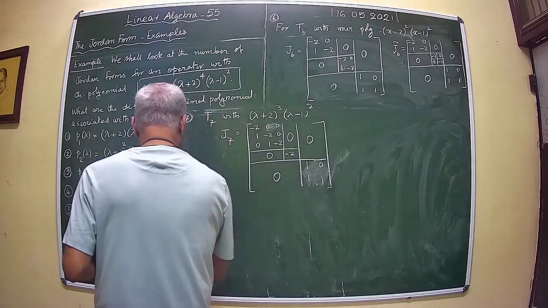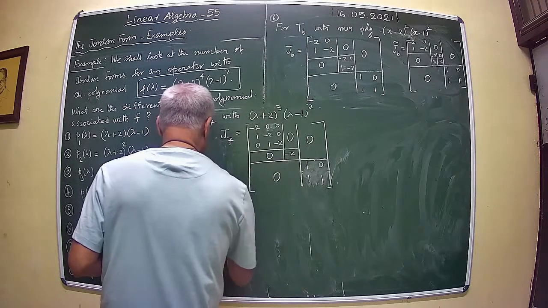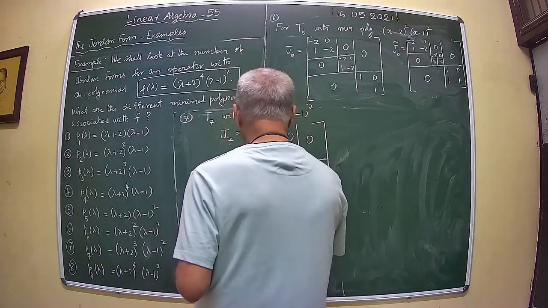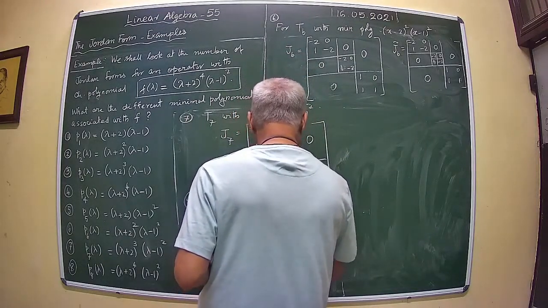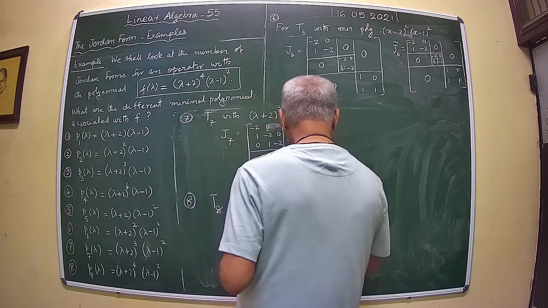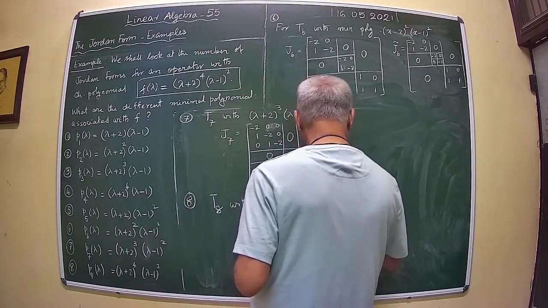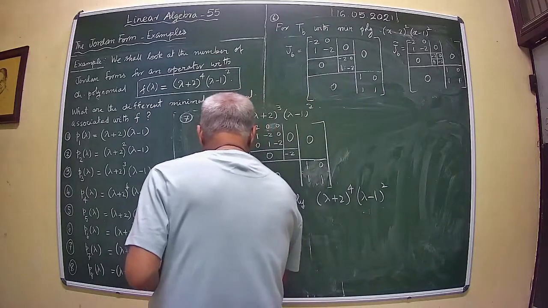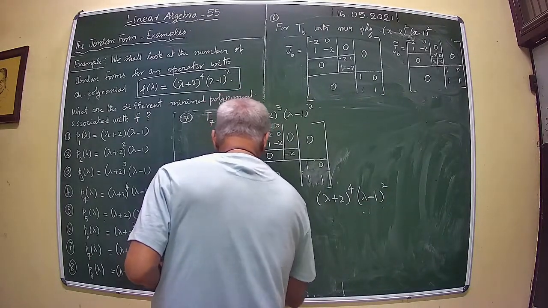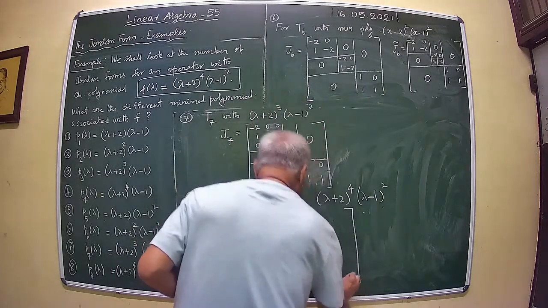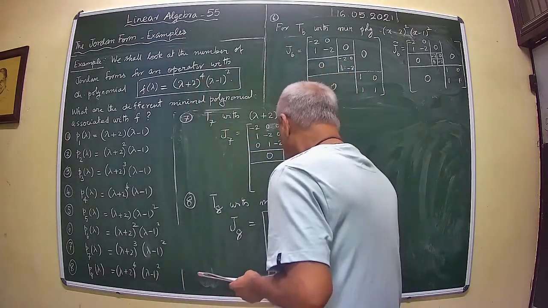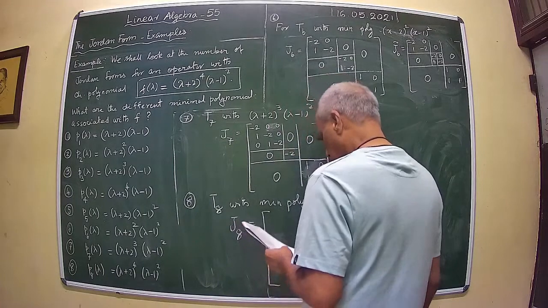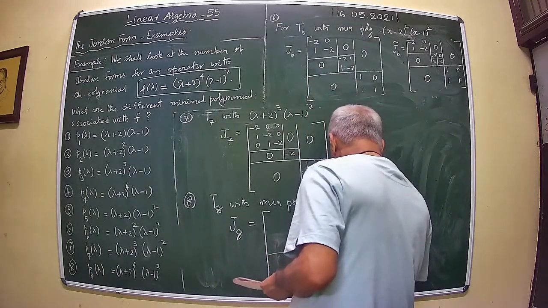Now 8th one, T8 with minimal polynomial lambda plus 2 to the power 4 into lambda minus 1 whole square. And that gives J8, here of course 1, 0, 1, 1.